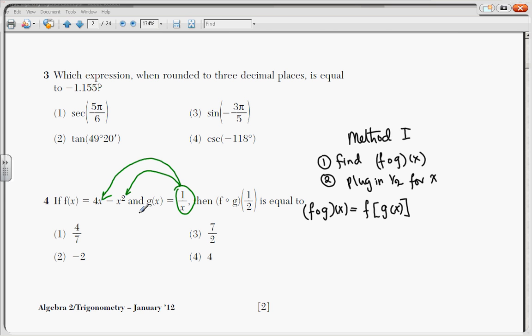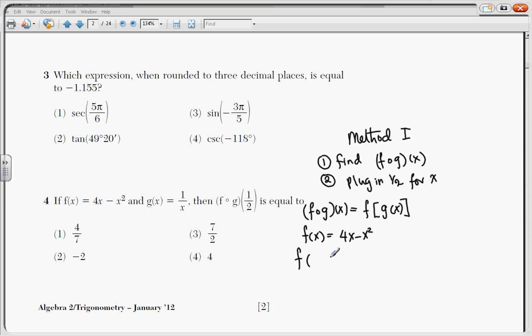So what does that look like? Let me erase this and show you. First, I'm going to write down the parent function, f. So f of x is 4x minus x squared. To plug in g, I have to replace all my x's with parentheses.